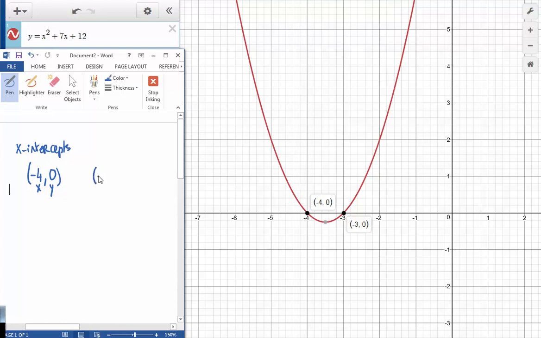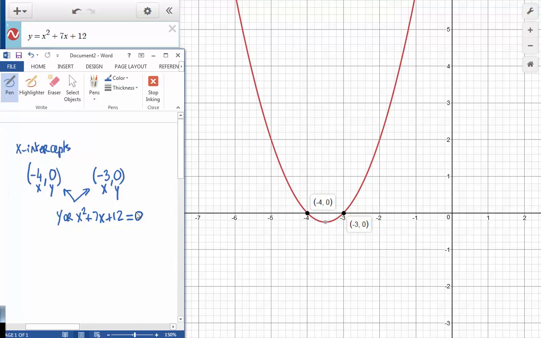And we have the point -3, 0, when x is -3, y is 0 also. So those are two special points that we have. And notice for both of those points, y is equal to 0. Remember what y stands for? So y is equal to 0 for those 2 points.